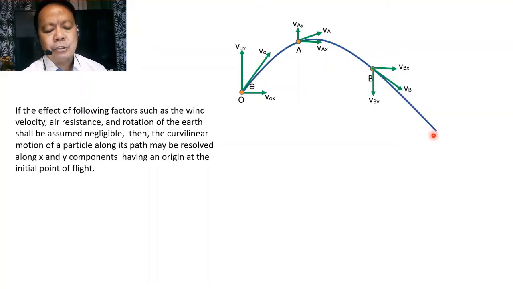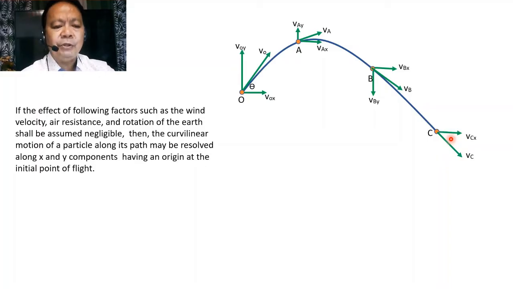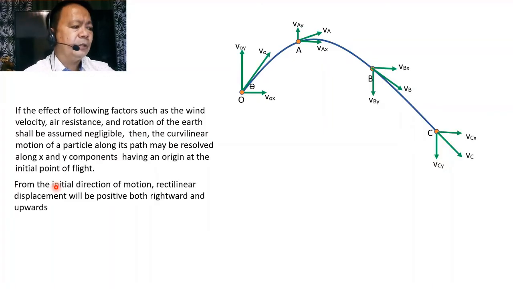And then finally at the end point where the velocity is considered to be v sub c, this v sub c can be resolved into components so that you have v sub c sub x and v sub c sub y.